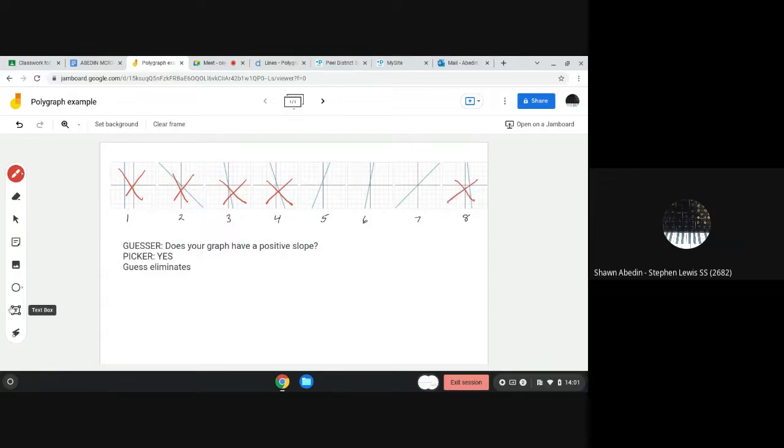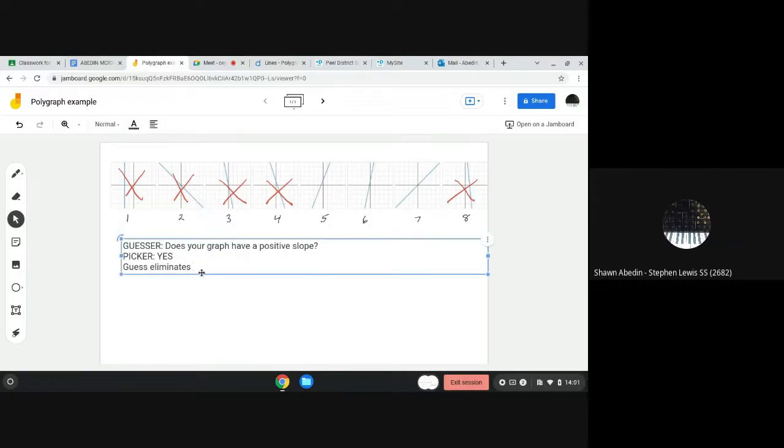So here, go back in, continue working on our script. Guesser eliminates 1, 2, 3, 4, and 8. So we've shown an understanding of a characteristic of lines.